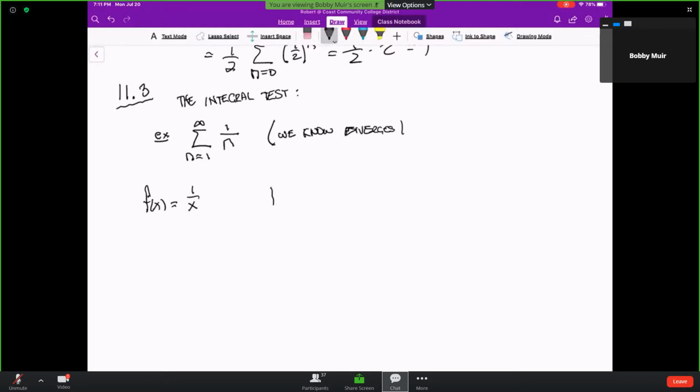Okay, so in that other program that Tyler Booger uses, it straightens out lines for you and stuff. Okay, so here's 1, here's 2, here's 3. Let's say that this is 1. It's the y-axis, x-axis.